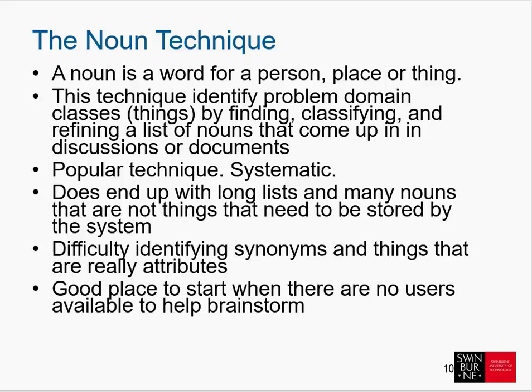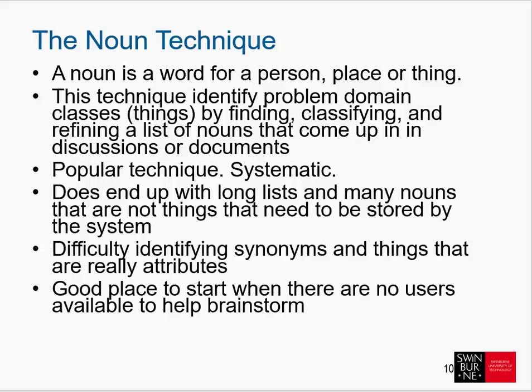We can begin by listing all the nouns that users mention when they're talking about the potential system that they would like to develop, including nouns used to describe events, use cases, and user stories. The actors can be potential things as well.